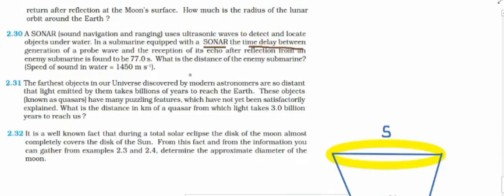After 77 seconds, the reflected wave reaches the device. What is the distance? Again, distance is equal to speed into time. Speed is given there, 1450 meter per second. Here also the time is the time to come back, so substitute T by 2 and find the answer.